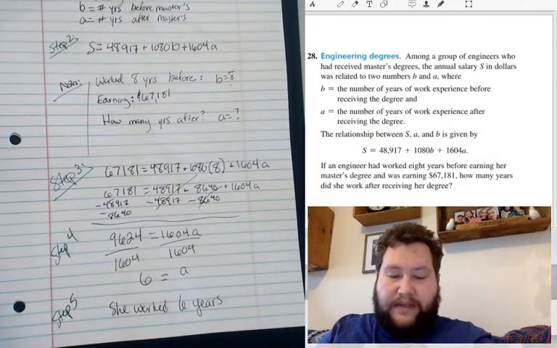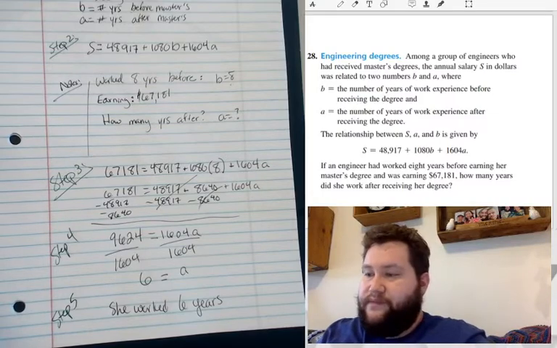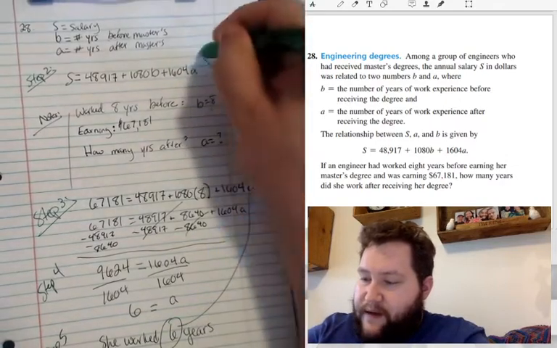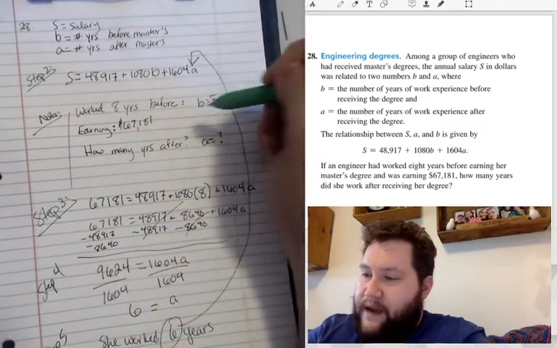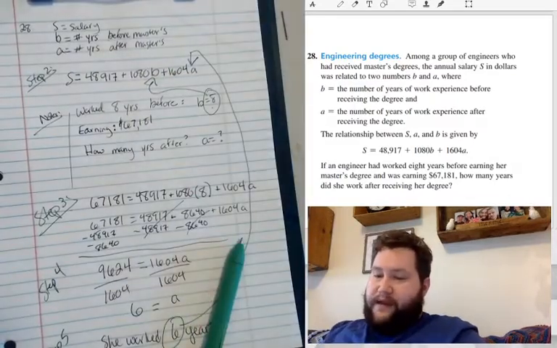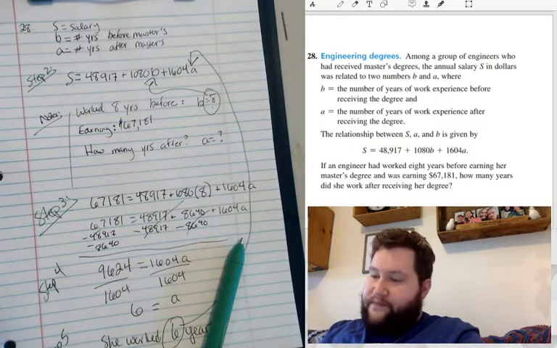And then it says, check your answer in the original. So that's where we want to take 6 and substitute it up here for A, and our 8 for B. And if we do that, we end up with 1080 times 8 is 8640 plus 1604 times 6.